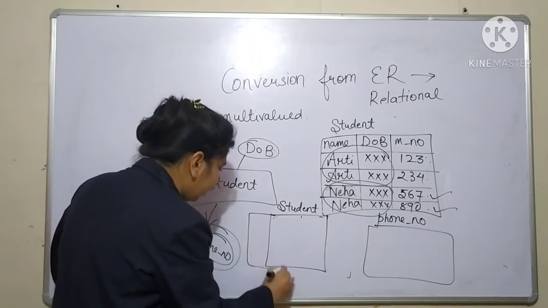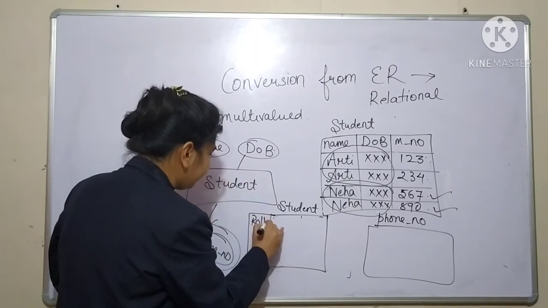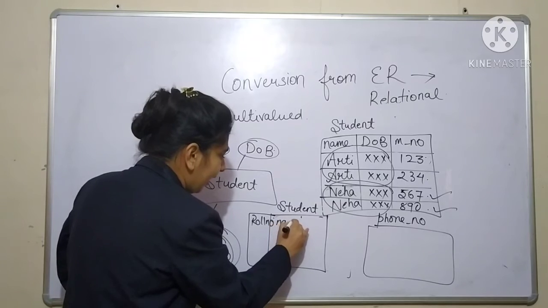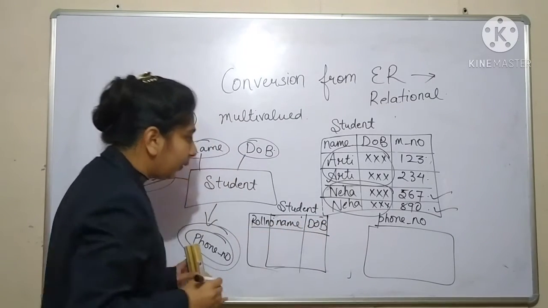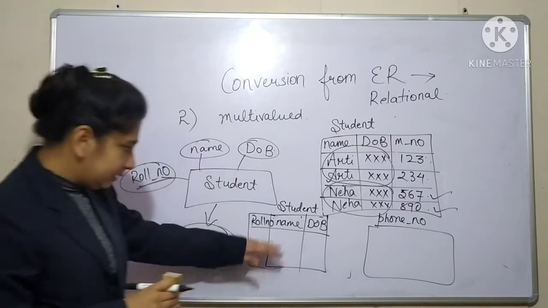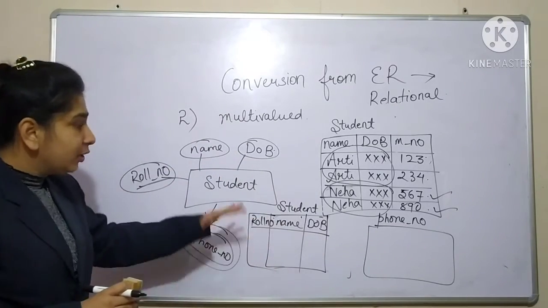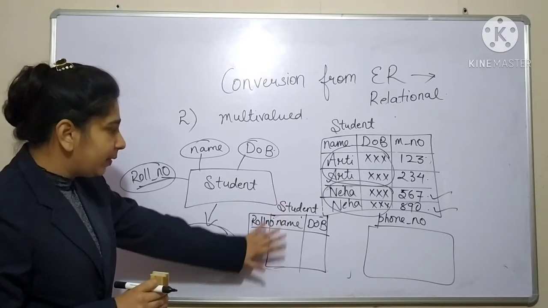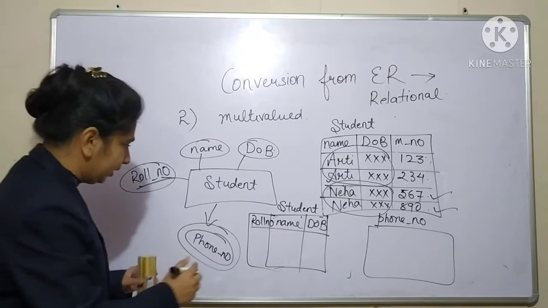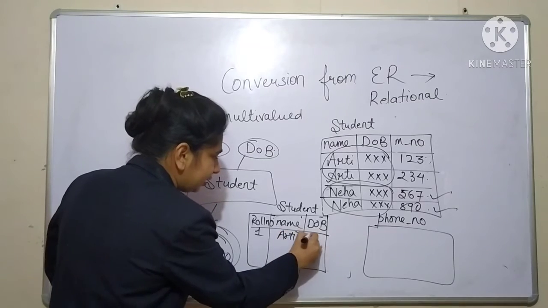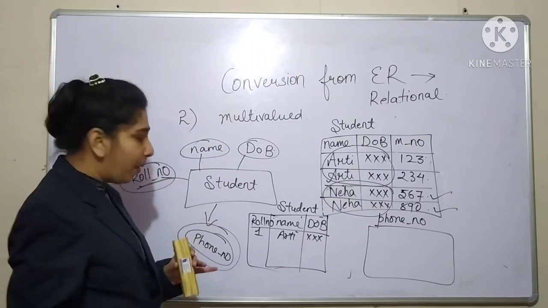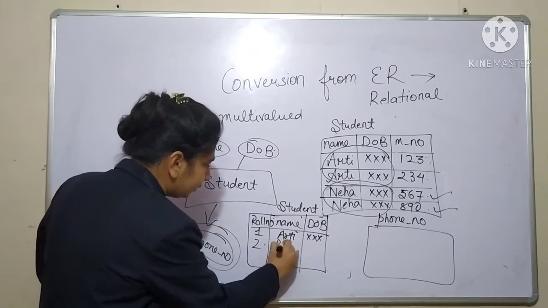So we have roll number, name, and we have date of birth. Okay. In this way, you are just not storing phone number in this student table. Roll number 1, name Aarti. Okay. She is having some date of birth. Roll number 2, Neha.